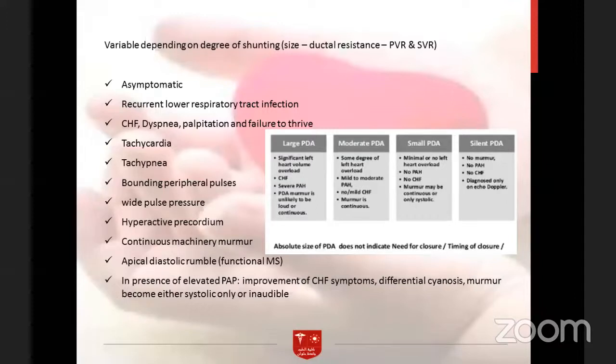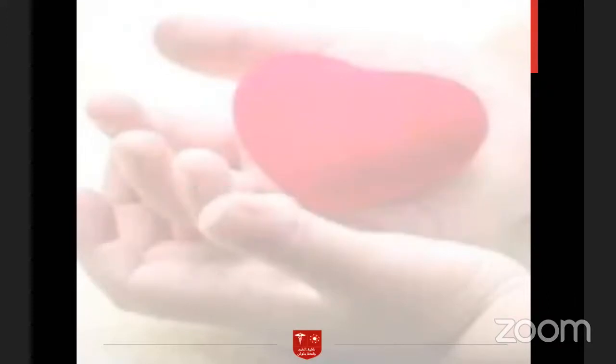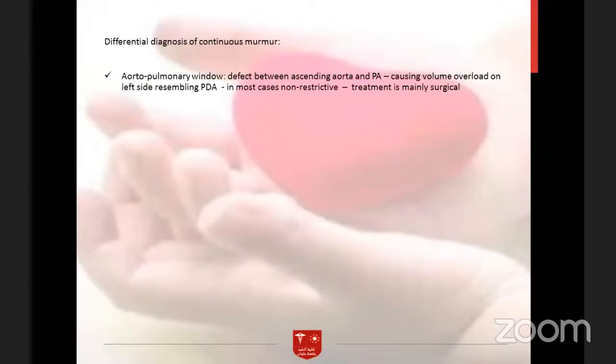And after diagnosing or expecting the child to have a PDA from the symptoms and from the auscultation, do we have other diagnoses that may cause a continuous murmur? Of course, yes. There are multiple diagnoses that may cause a continuous murmur, including the aortopulmonary window.